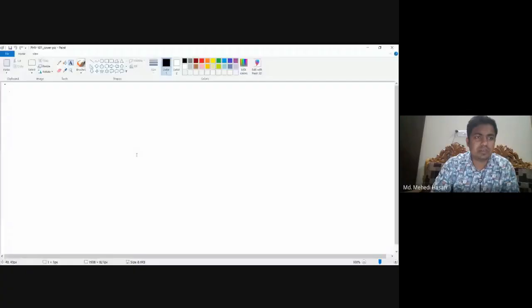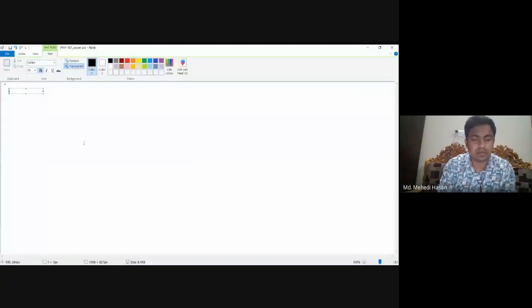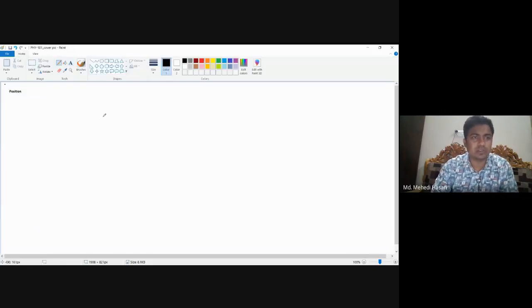Okay, so the first topic was position of an object. If we try to describe the motion of an object, first we have to find out the position of the object, then the movement of that object. So if we say that the object is 10 meters away or 20 meters away or 30 meters away, then we have to introduce a reference point which is called the origin.